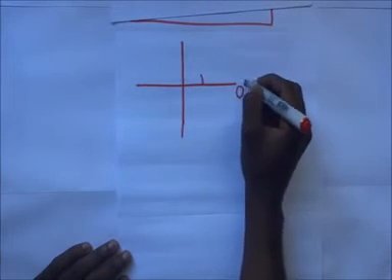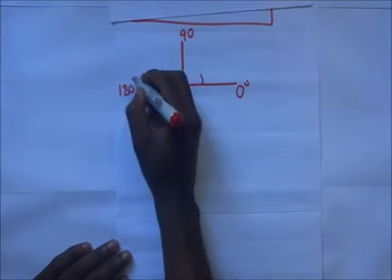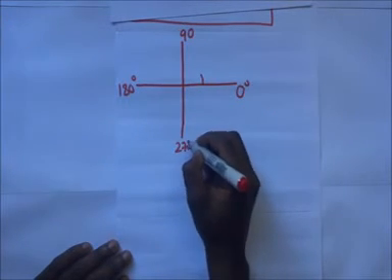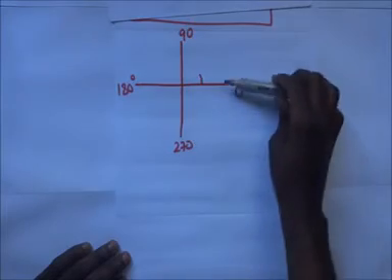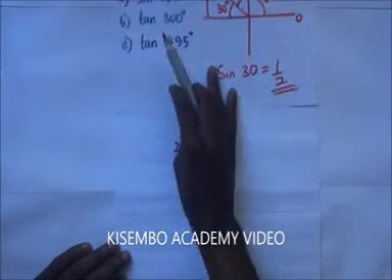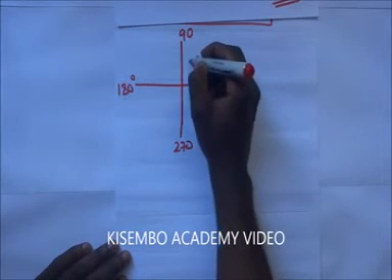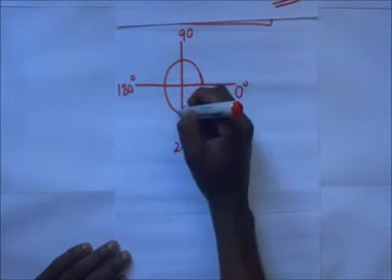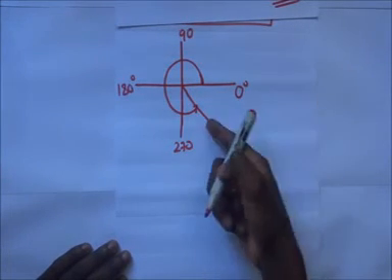This is 0 degrees, it runs to 90, to 180 degrees, then this is 270 degrees. So 300 degrees lies between 270 and 0 degrees. Remember, when we say 300 degrees, we start counting from here, moving that side: 90, 180, 270. So 300 lies somewhere there in the fourth quadrant.